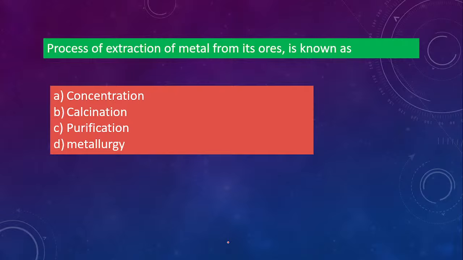Now this is regarding extraction. The process of extraction of metal from its ores is known as: A, concentration; B, calcination; C, purification; D, metallurgy. What is extraction of metal from its ore called? Which one will be the option?